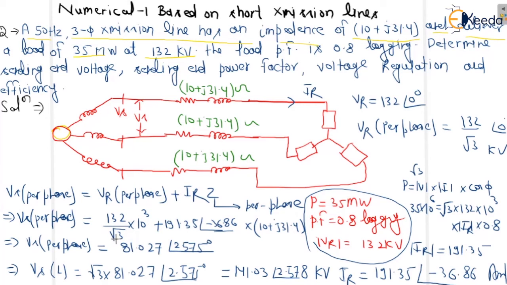Now we have to calculate the sending end power factor. We have calculated Vs equal to 141.03 at the angle of 2.578 kilovolt. Now we know the phasor diagram in case of lagging power factor. This is VR and this is IR, and the angle difference between them is phi r.